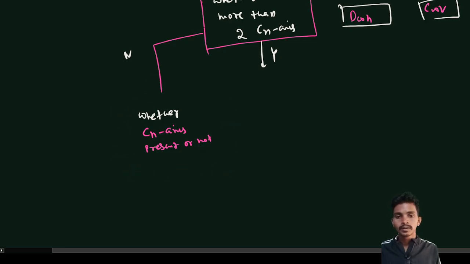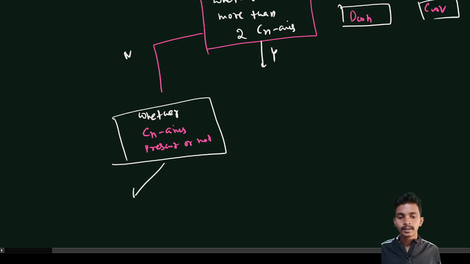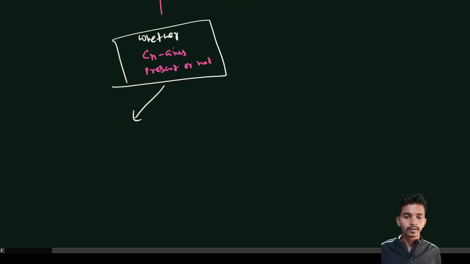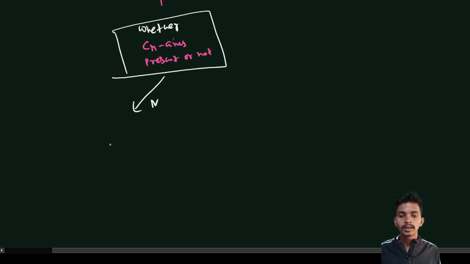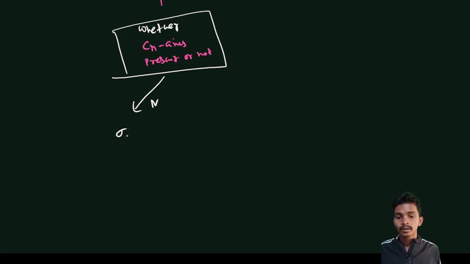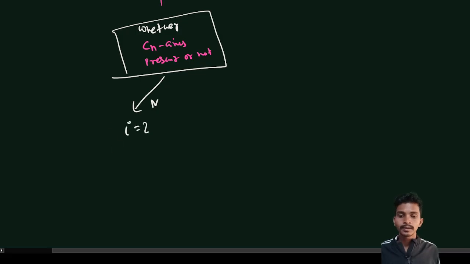This is the question. Now if it says no, then I will ask whether sigma is present or not, and then whether i is present or not.